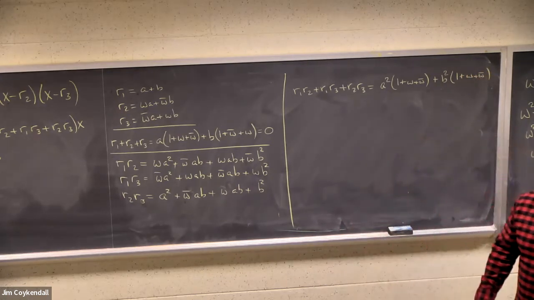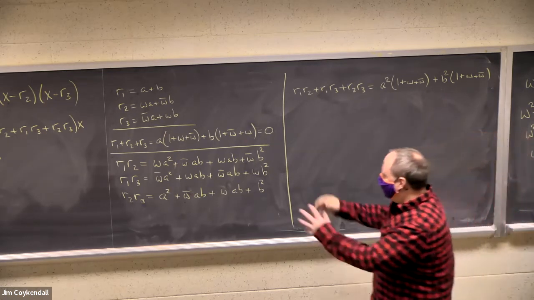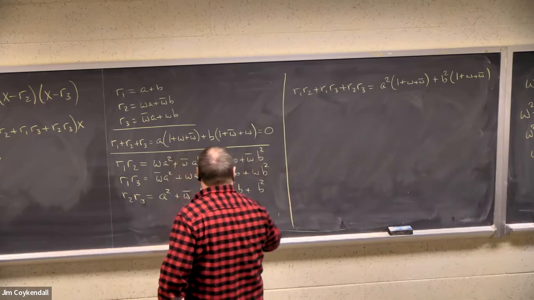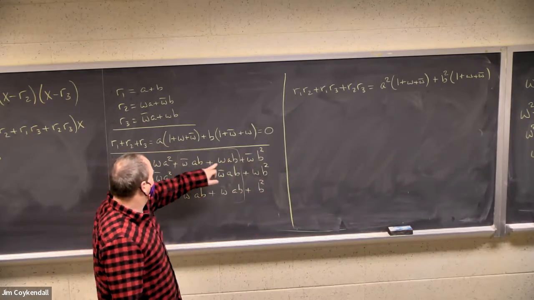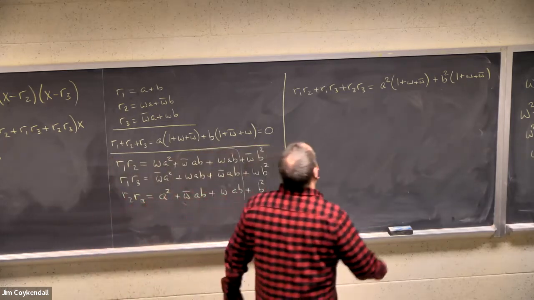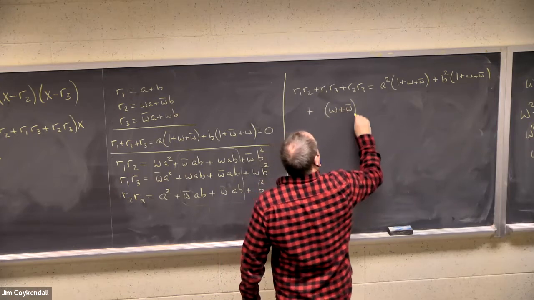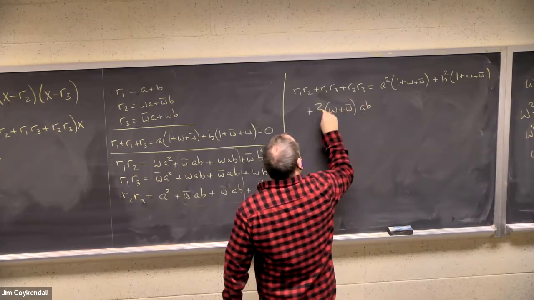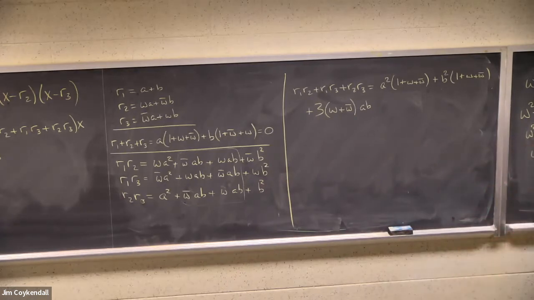So those two are going to vanish, right? Because again, these things are 0. But we've got this whole orgy of things in the middle here that we've got to sort out. And so I've got omega plus omega bar times AB, and I've got it 3 times. Everybody agree with that assessment?